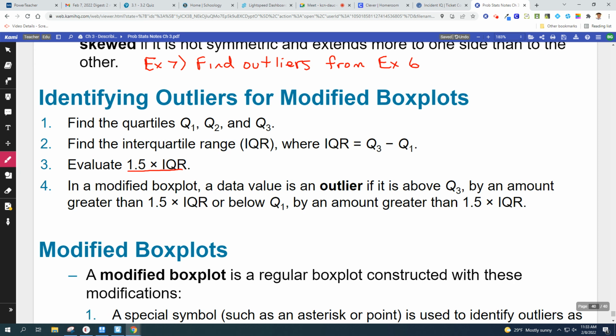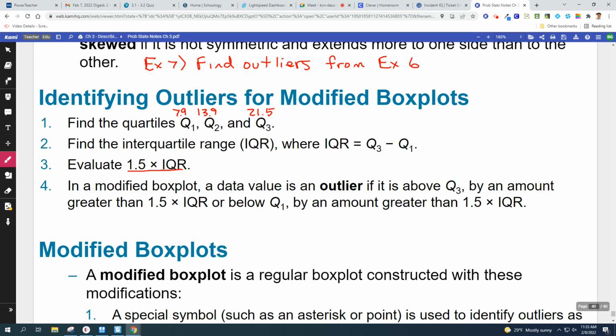All right, so find the quartiles Q1, Q2, and Q3. We did that a minute ago, right? Q1 was 7.9, Q2 was 13.9, and Q3 was 21.5. Those were our quartiles from that last example. Step 2 says find the interquartile range.